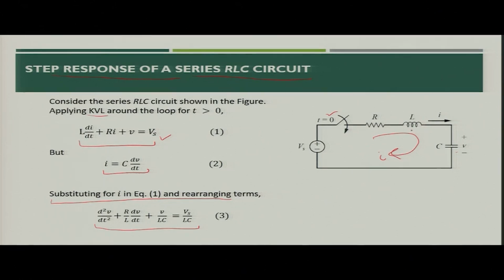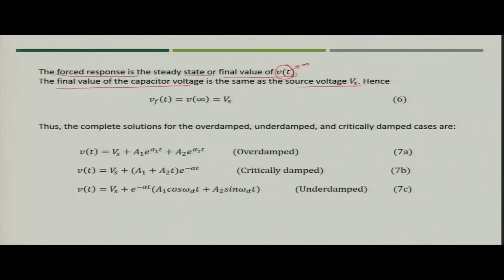In that case, your inductor will act as a short circuit. So, the total voltage applied across the capacitor will be equal to the source voltage, because after the capacitor is charged to its full value, your current I will also be 0. So, you will get finally the capacitor voltage equal to Vs. So, the same value we will use and we will say that the forced response is nothing but the source voltage.